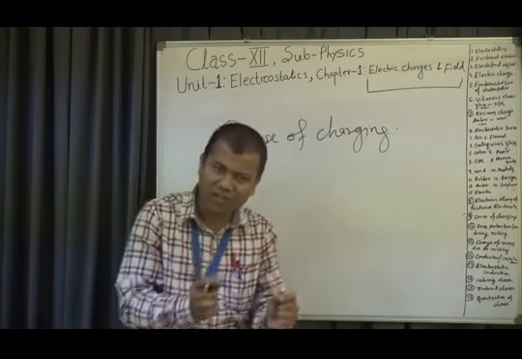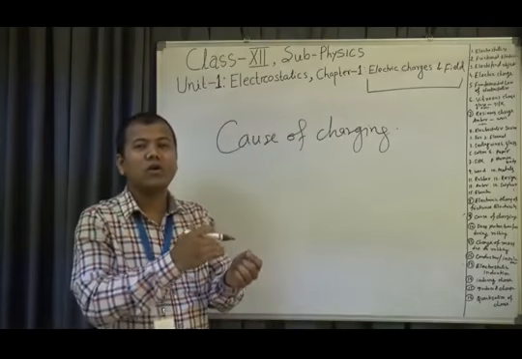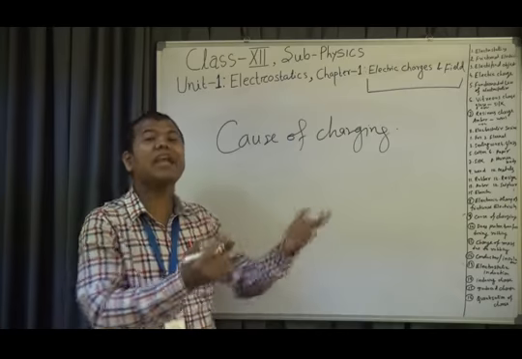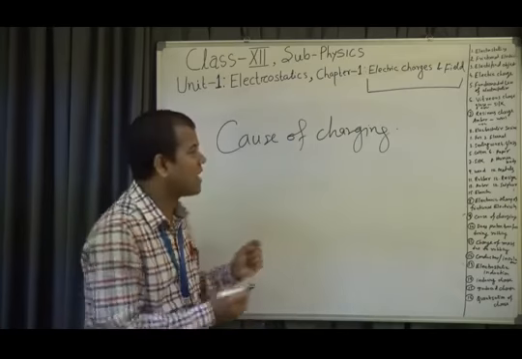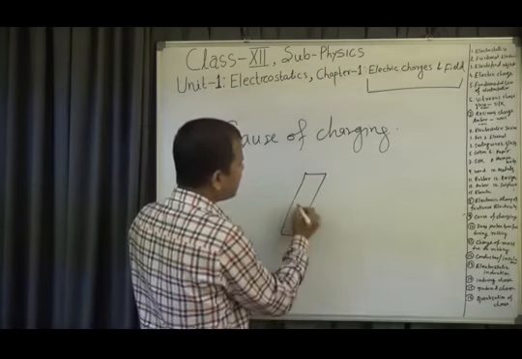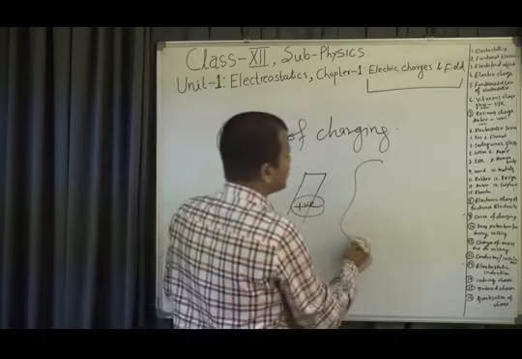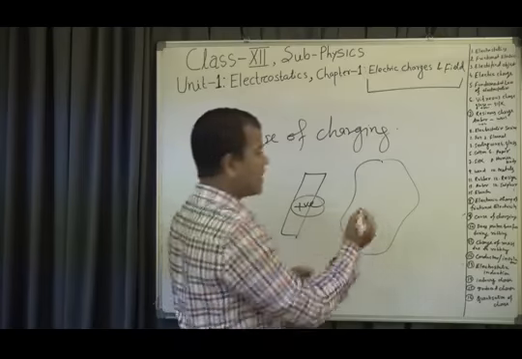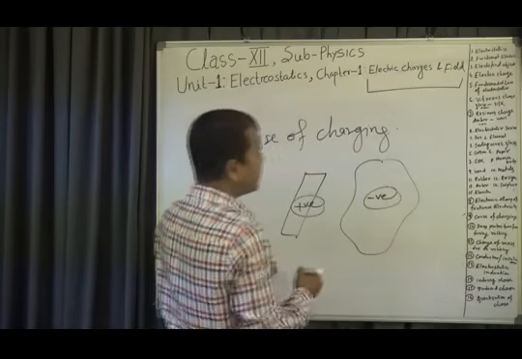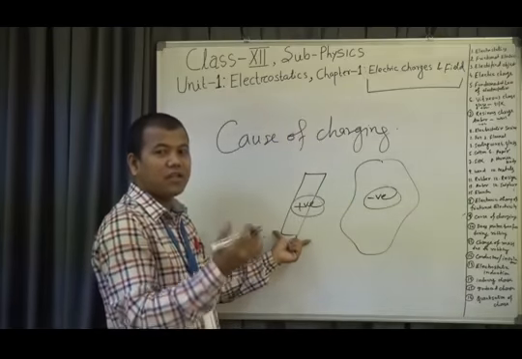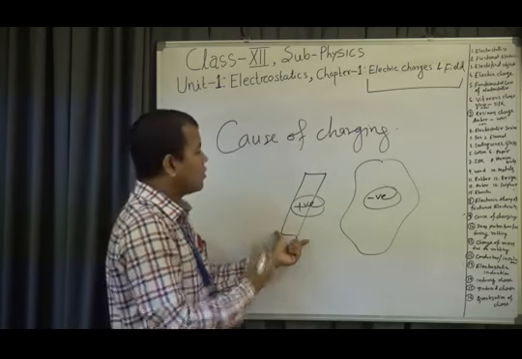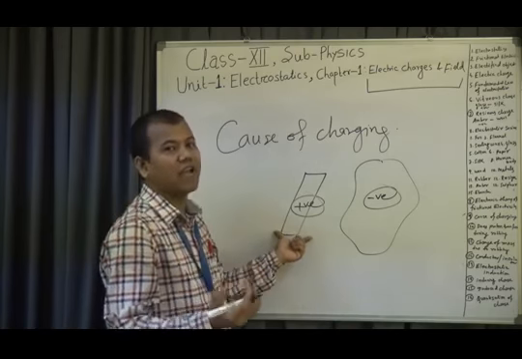Yes, they are charged due to loss of electrons and gain of electrons. So the glass rod has been charged positively and the silk cloth has been charged negatively. That means just loss of electrons and gain of electrons.